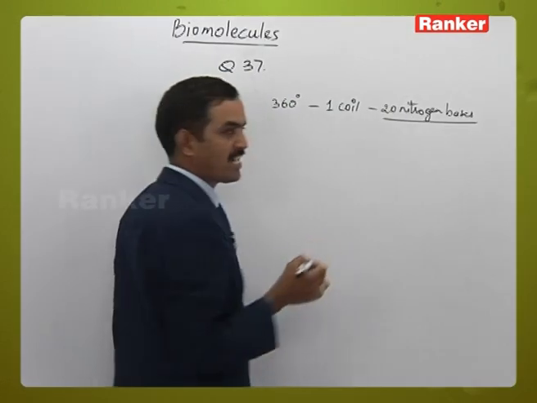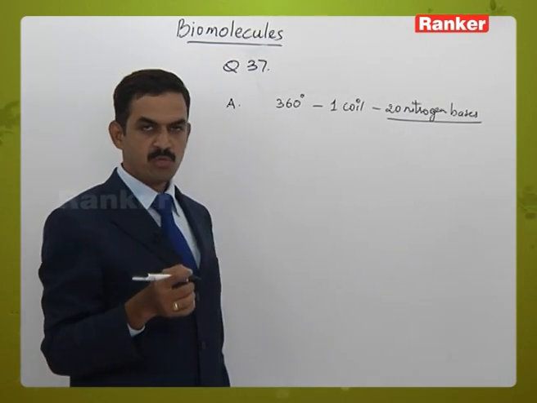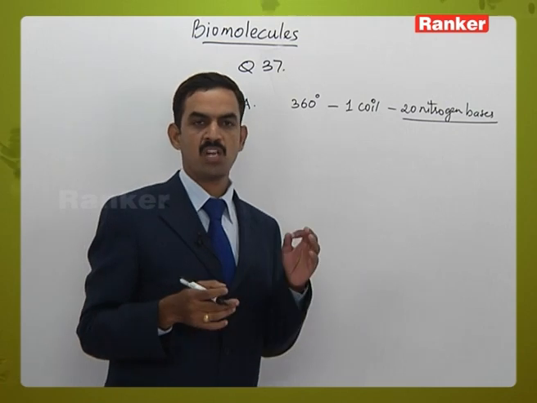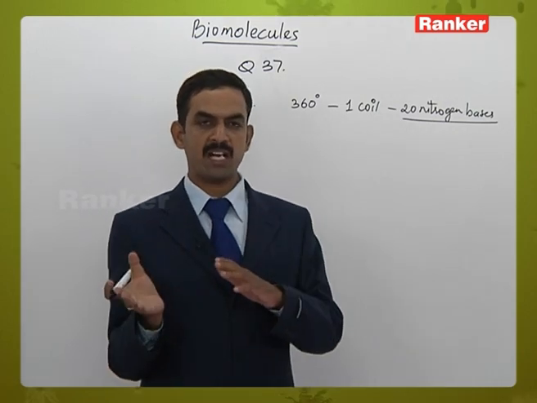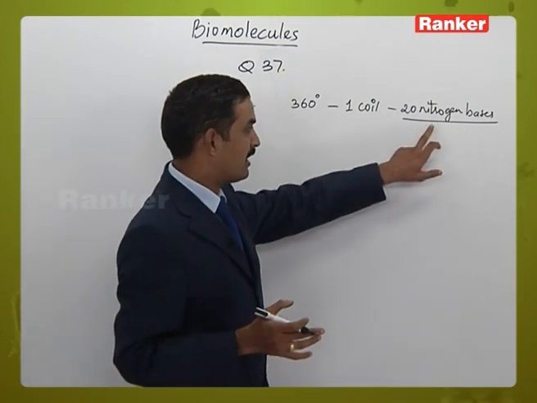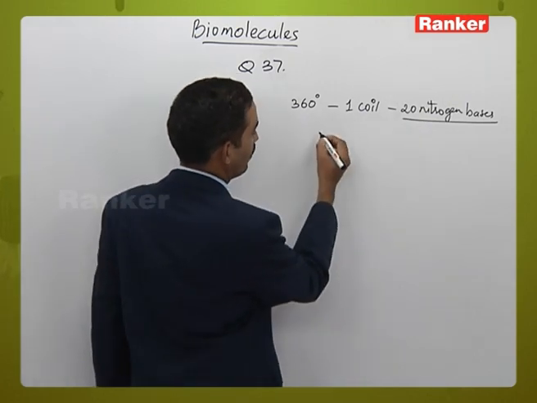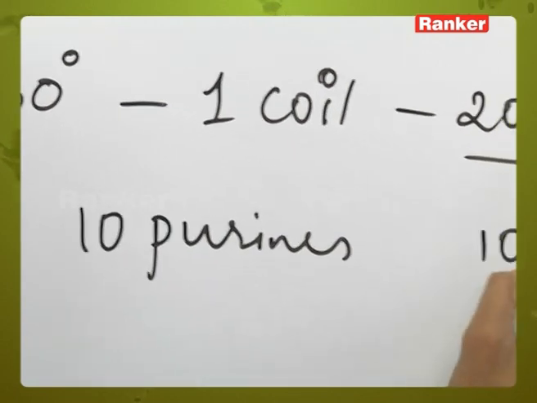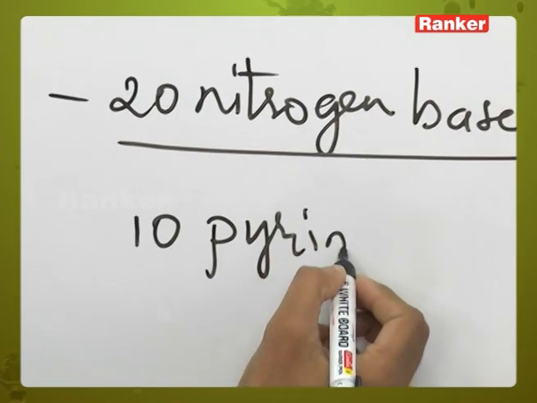Out of these 20 nitrogen bases, 10 will be purines and the remaining 10 will be pyrimidines, because one purine is complementary to the other one. That's the reason why the number of purines and pyrimidines are both 10.